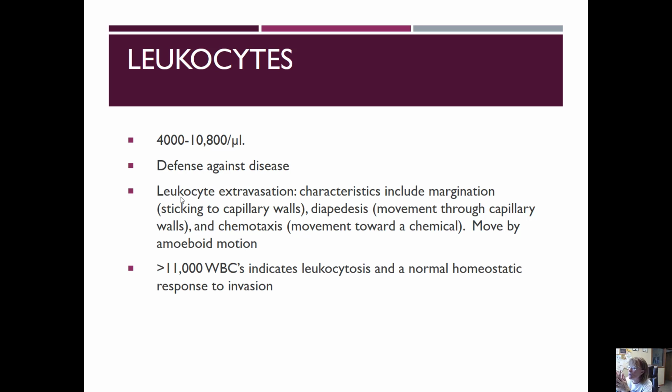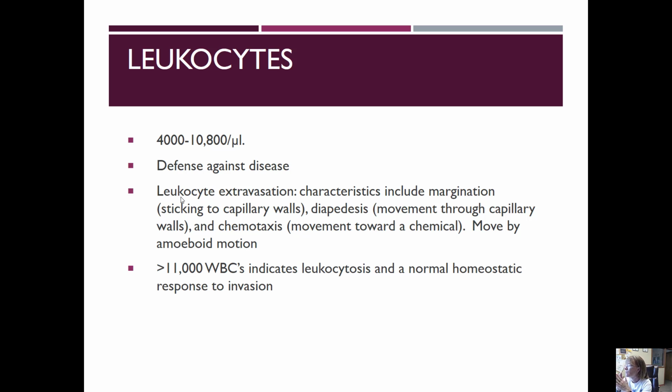So as the white blood cells roll along on the endothelium as they're moving through the blood, when these cell adhesion molecules are expressed, the white blood cells, the phagocytes, will stick to the capillary wall, and then a change in shape, and I'll try to post a video link for that.